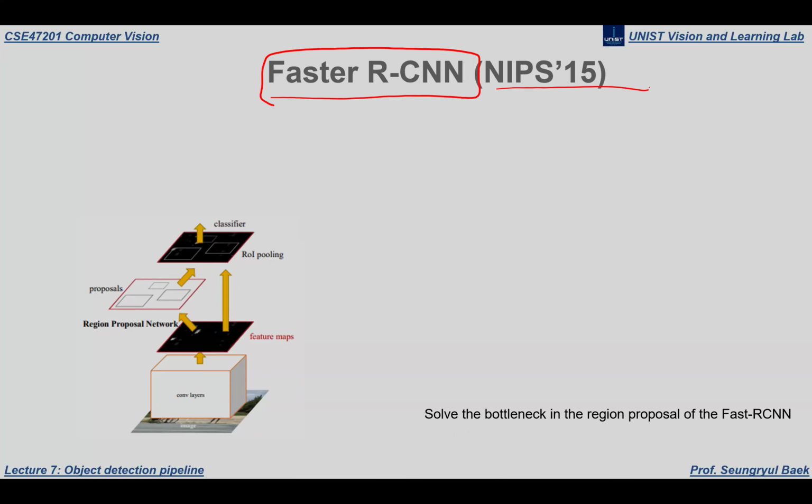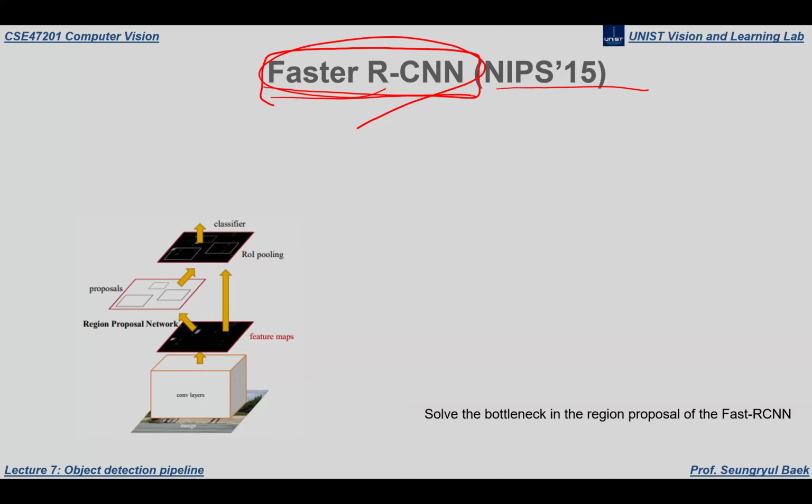another architecture was proposed by the same author, which is called the faster RCNN algorithm. So with this algorithm, faster RCNN, you may expect that this might be even faster than fast RCNN, and indeed it is faster.